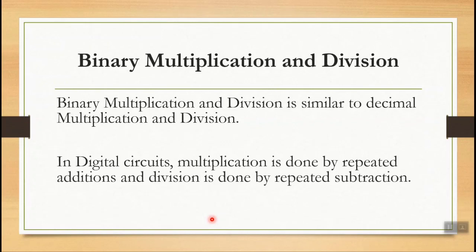For example, 2 into 3 multiplication is 6. If you don't know the table, you keep on adding the numbers. So 3 times you have to add 2, that means 2 plus 2 plus 2 becomes 6. So in the decimal number system also, multiplication can be replaced by repeated addition, and division can be done by repeated subtraction.